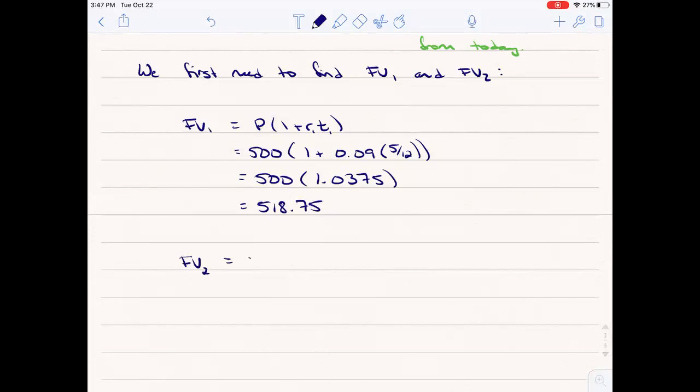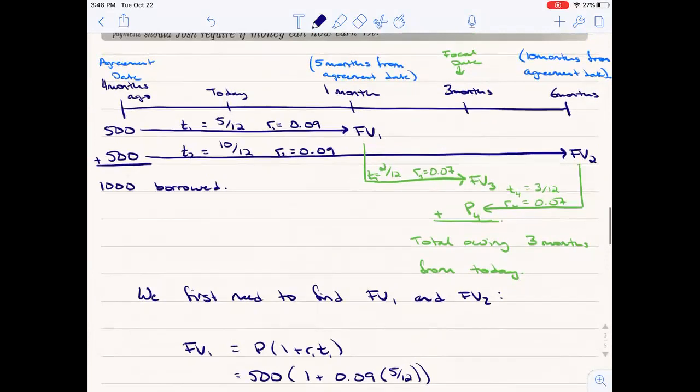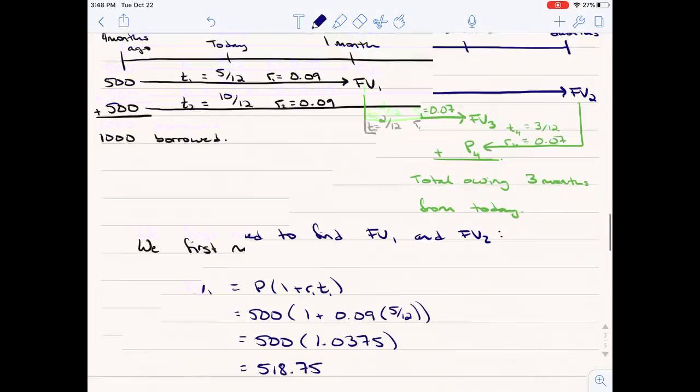Same thing for future value 2: P times 1 plus R2T2. P was again 500 times 1 plus R, which is 0.09, and then T2 was 10 over 12.